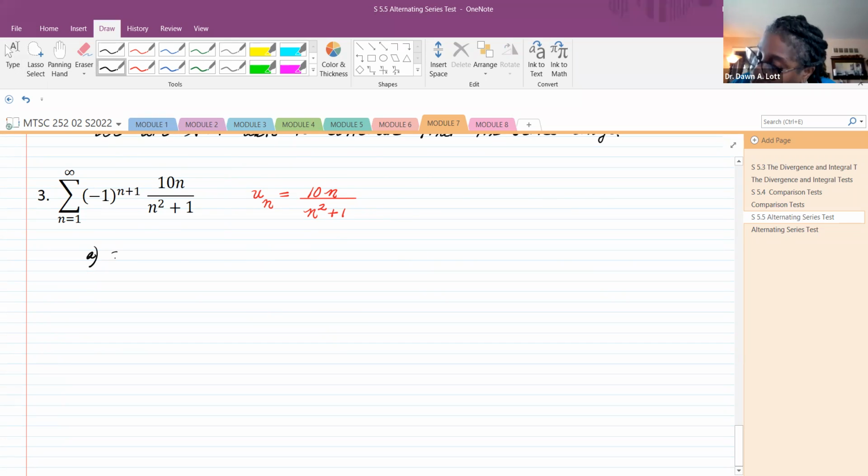So A says u_n is greater than 0. So I need to show that. Okay, so that says I have 10n over n squared plus 1.